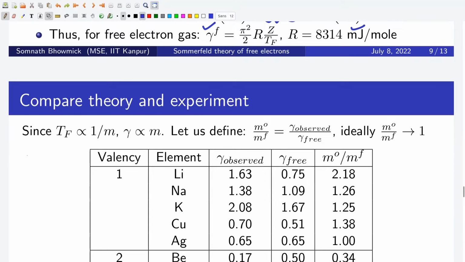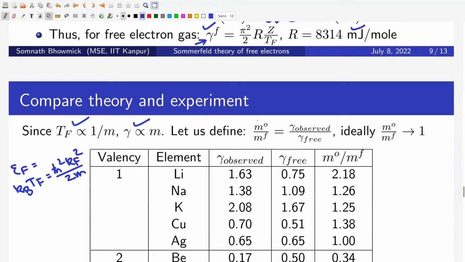Now, we know that EF, we can convert it to some temperature scale, kb Tf, which is equal to h cross square kf square by 2m. This implies that Tf is proportional to 1 over m, and if you look at the form of gamma F, gamma F is inversely proportional to Tf. So that means gamma is proportional to the mass of the electron.